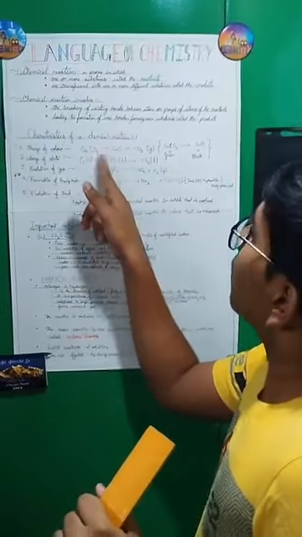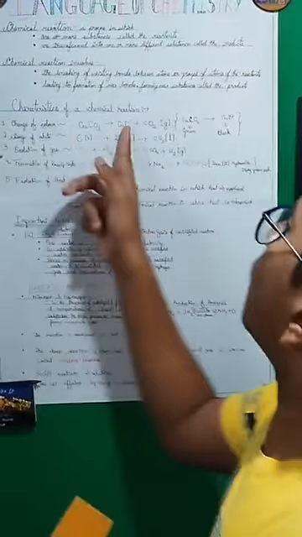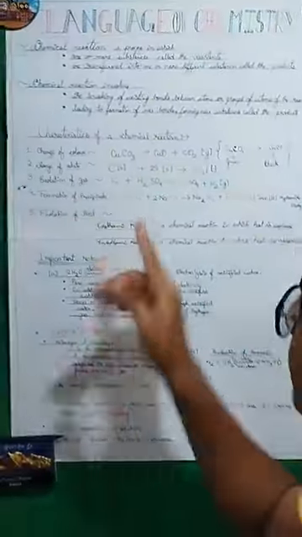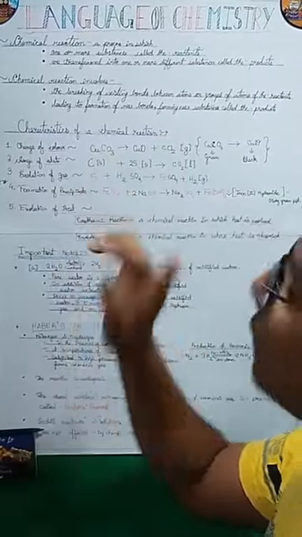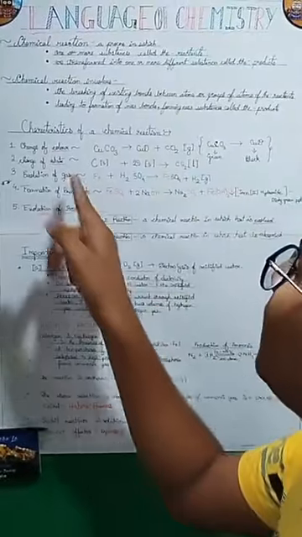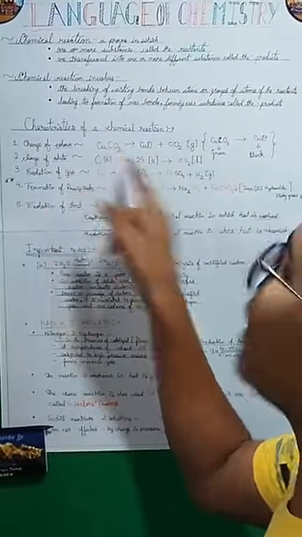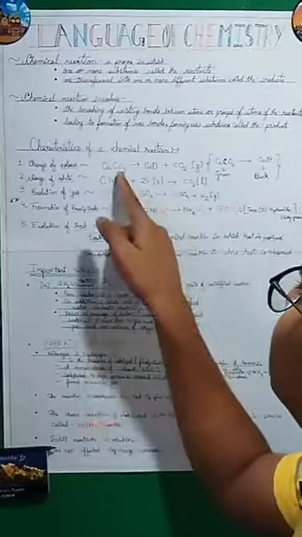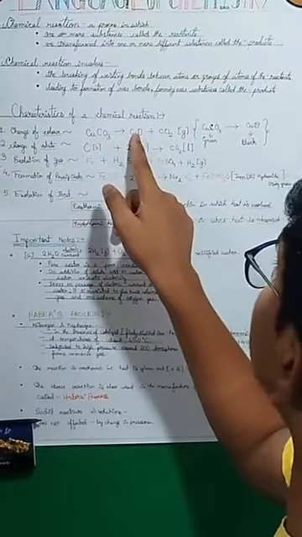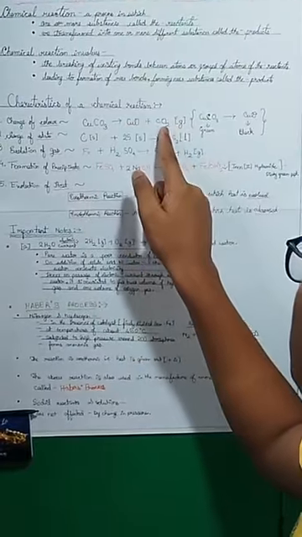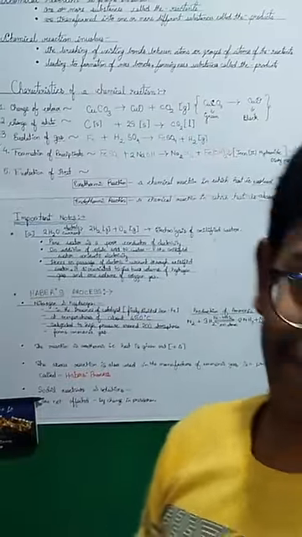Here Cu, one volume of copper, one volume of copper, balanced. CO3 1, C1, C1. Here O is 3. Here O is 3. Sorry, here O is 2. How? Because here is 1 O, here is 2 O. 2 plus 1 equals 3.